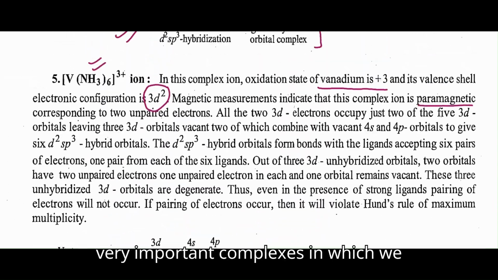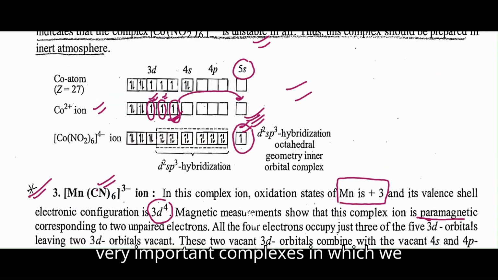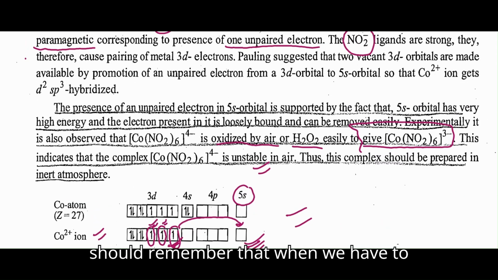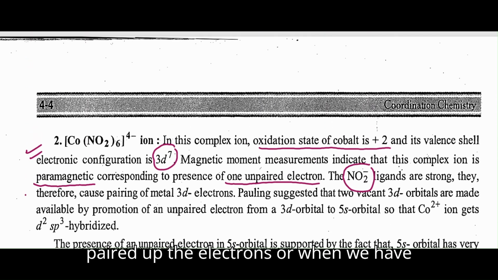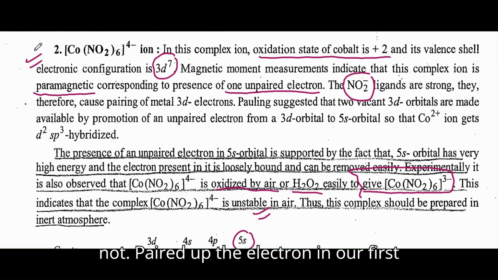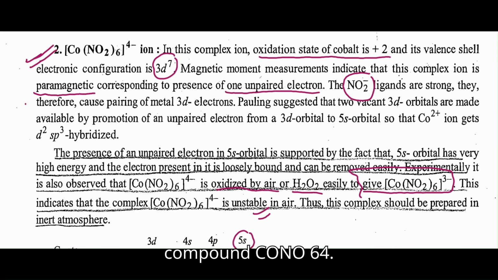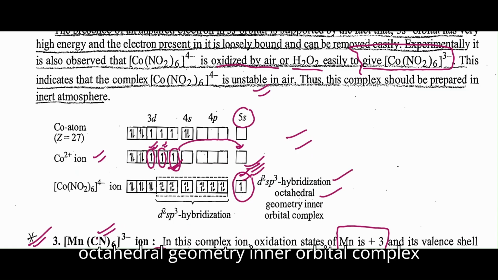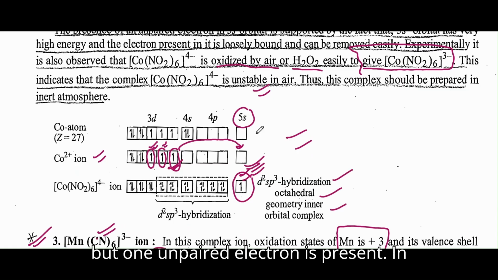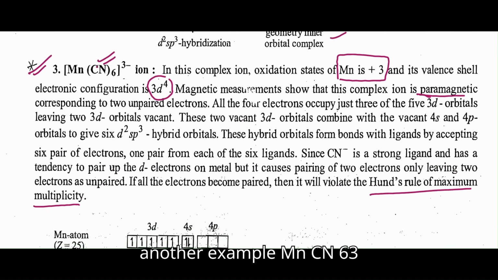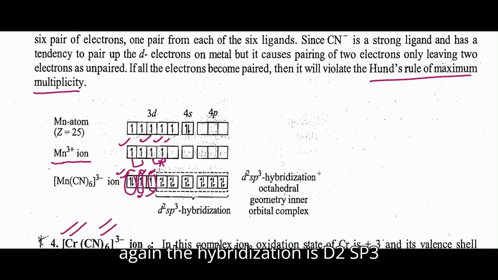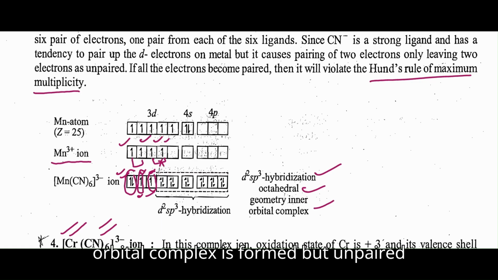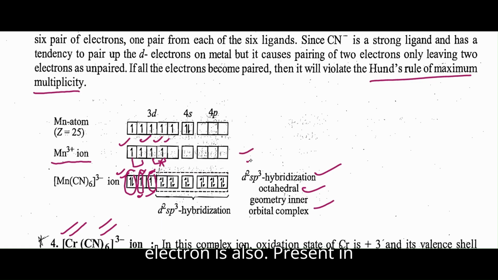So these are actually very important complexes in which we should remember when we have to pair up the electrons or when we should not pair up the electrons. In our first compound [Co(NO2)6]4-, yes, hybridization is d2sp3, octahedral geometry, inner orbital complex, but one unpaired electron is present. In another example [Mn(CN)6]3-, again the hybridization is d2sp3, octahedral geometrical shape, inner orbital complex is formed, but unpaired electrons are also present.